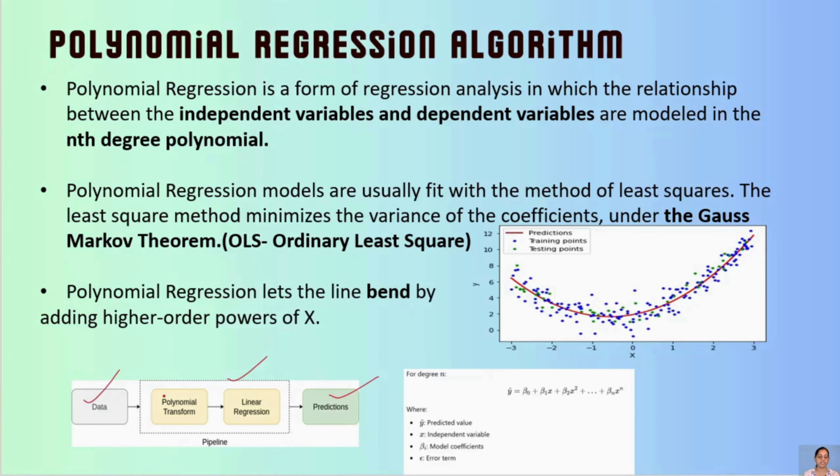Like I mentioned, through the ordinary least squares method, it is going to predict x square, x cube, and so on till x to the n, for each independent variable.